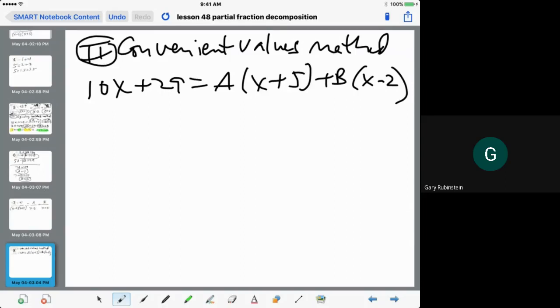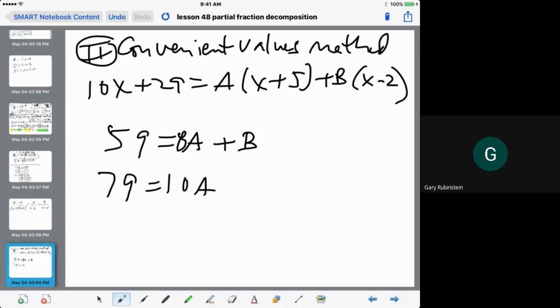You could plug 3 in and get 59 equals 8a plus b. And you could plug in some other value like 5 and get 79 equals 10a plus 3b. And you could do a system of equations, but that's not easier. That's still a system of equations.